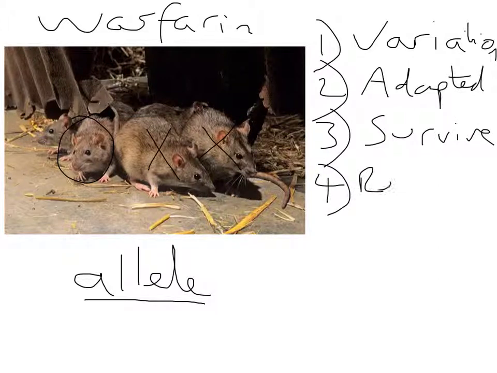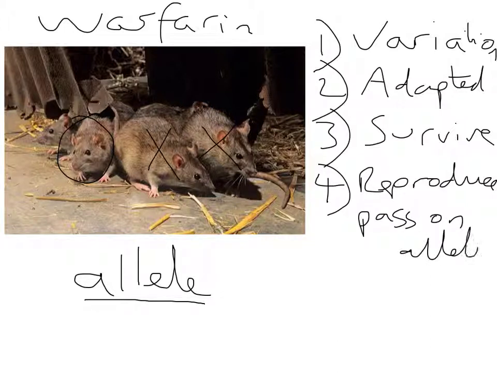Therefore, they can reproduce, and they pass on their allele for that resistance gene to their offspring. Those without the allele die.